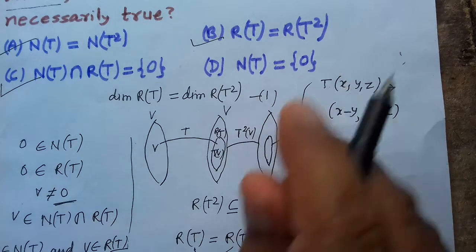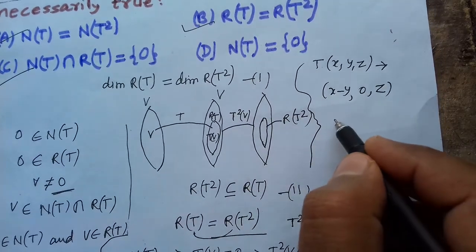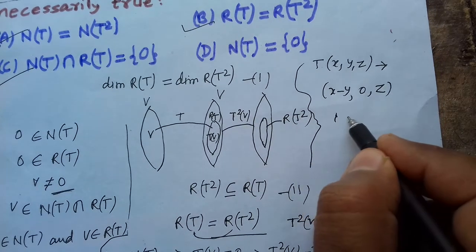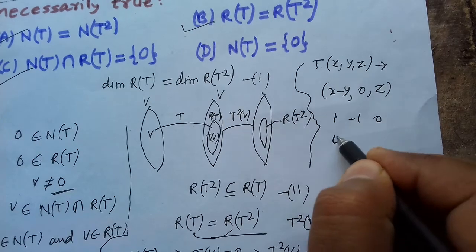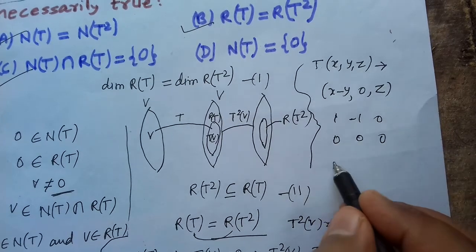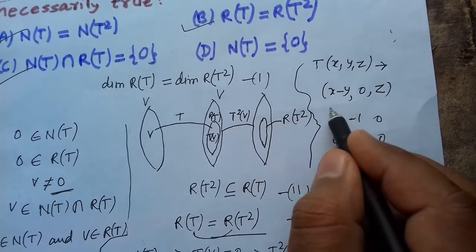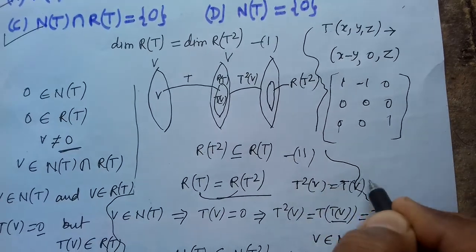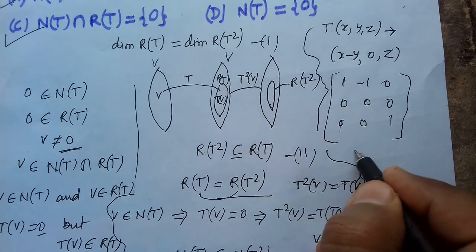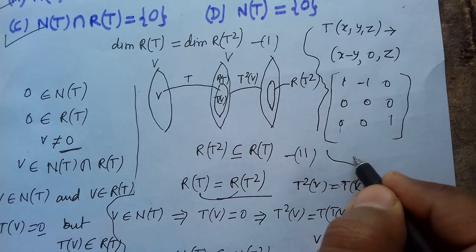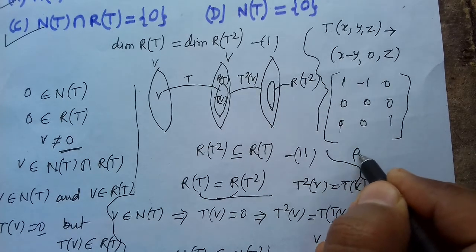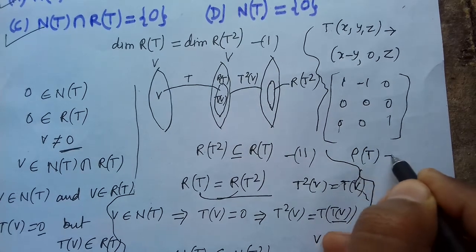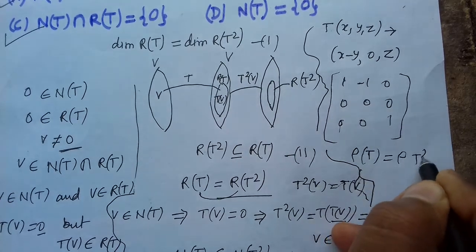For this linear transformation, the matrix is [1 -1 0; 0 0 0; 0 0 1]. You see here, according to the question, this matrix satisfies rank of T equals rank of T squared.